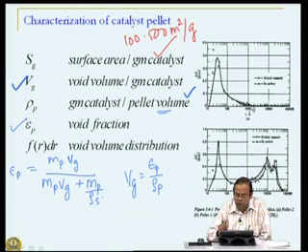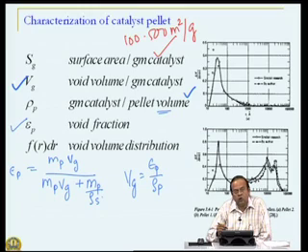So, there are pores which are as big as about 1000 angstroms, but their fraction is small. There are pores which are as small as 10 angstroms, but that fraction is also small. Majority of them is in this range.